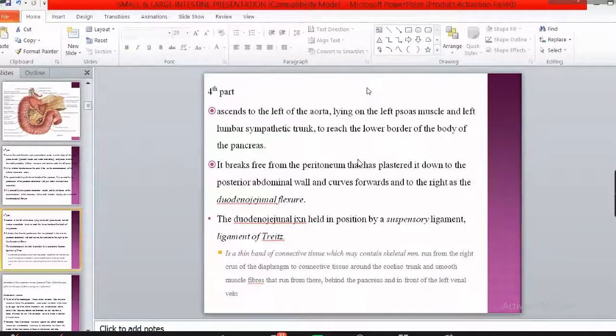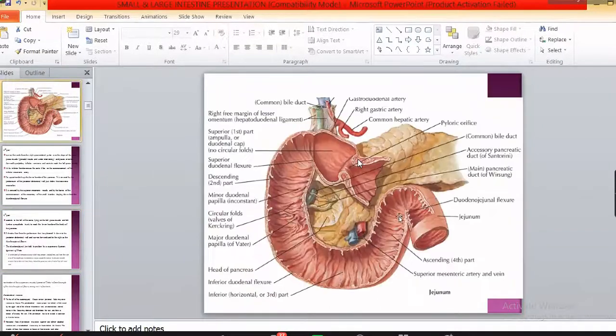Also, in slide number 6, the mucosa is continuous. Yes, there's a bend there, but if you look at the mucosa, you don't have any clear line of change between the mucosa of the fourth part and what we see in the jejunum. It's a uniform and gradual change at that junction.